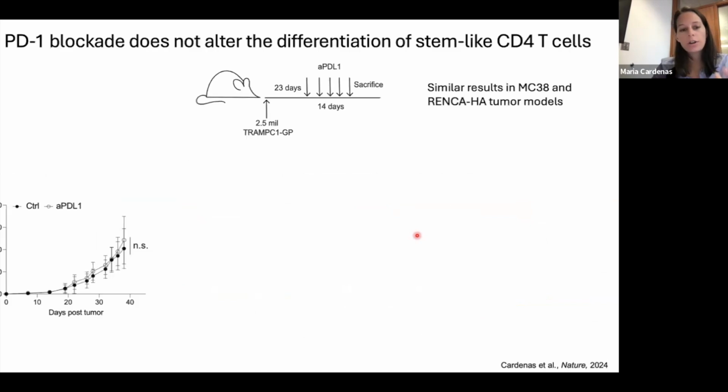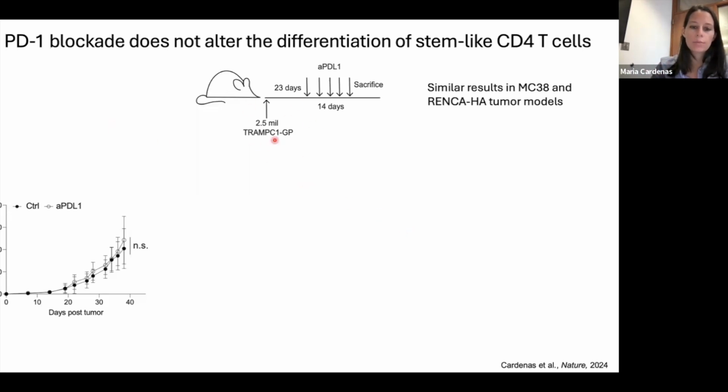And so we first thought, okay, maybe it's checkpoints, right? They have a very, very high level of PD-1 from the very beginning, and PD-1 regulates the effector differentiation of CD8 T cells. And so we thought perhaps it's very similar, and perhaps if we block PD-L1, we can override this program and push them towards a more beneficial state.